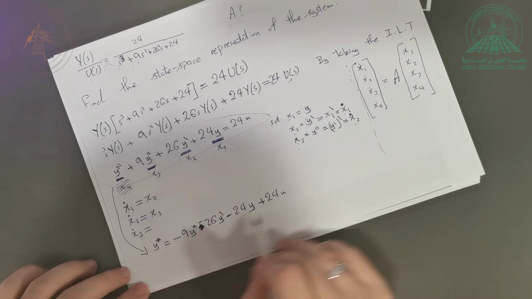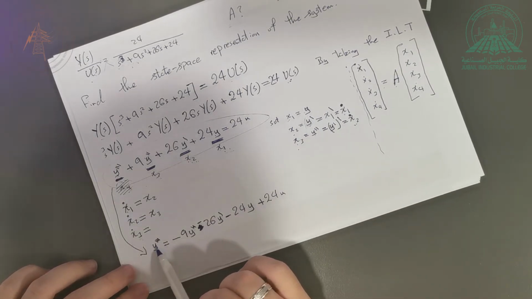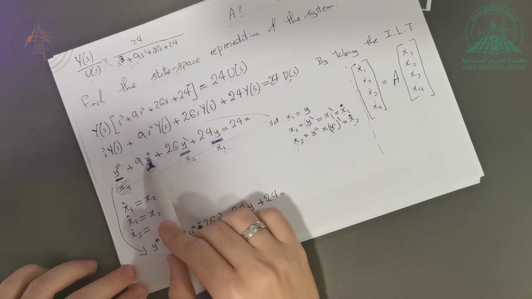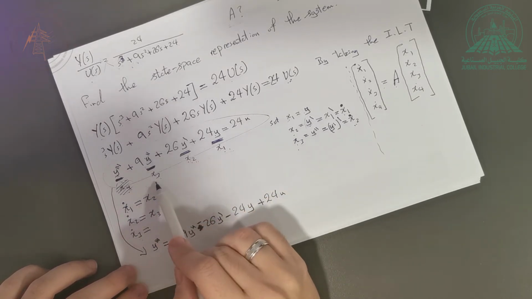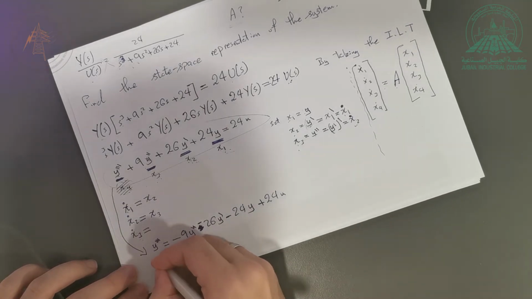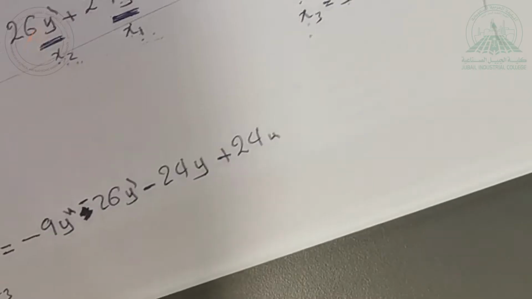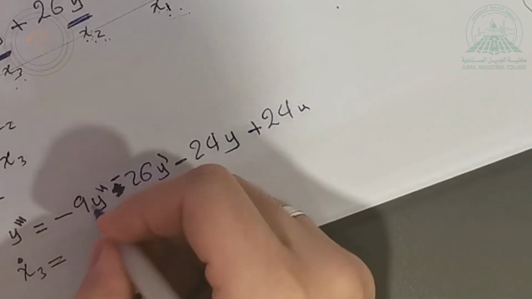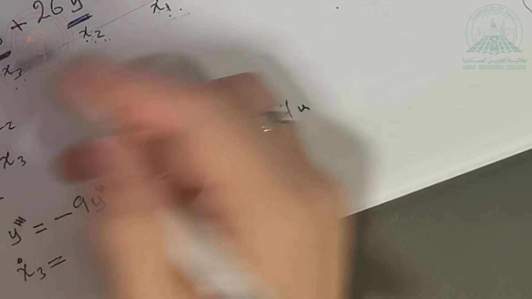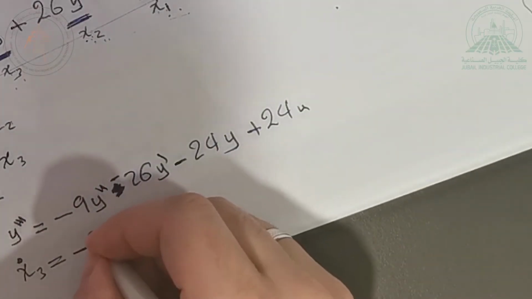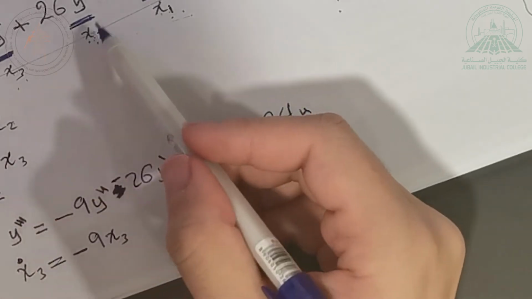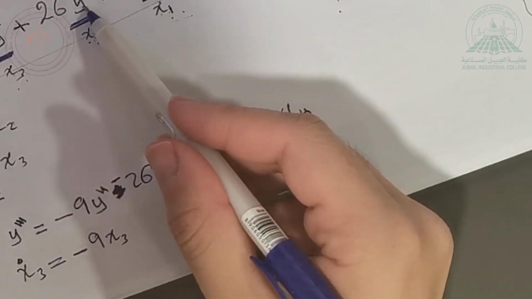But instead of writing these like this, if you notice, y triple prime, as we said, is the derivative of y double prime. And y double prime is x3. So this is x3 dot, which I need here, right? How about y double prime? Y double prime is x3. So this is minus 9x3. How about y prime?